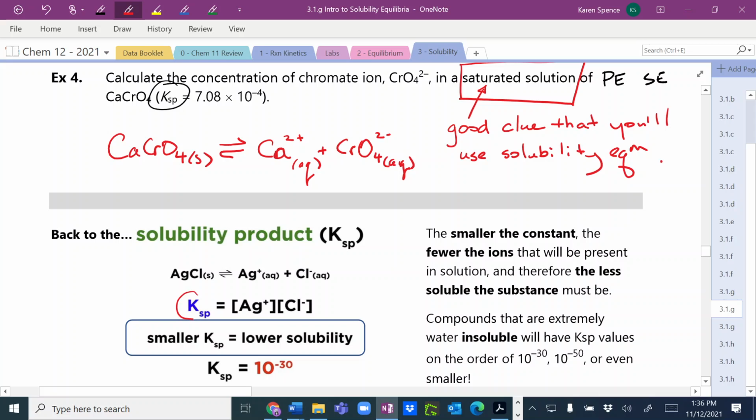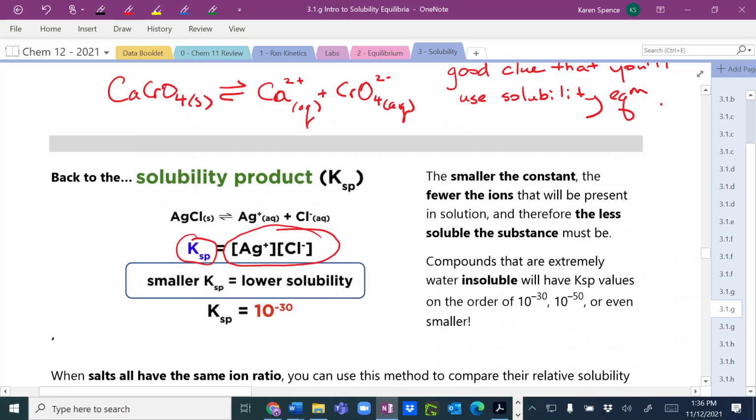The smaller the Ksp is, that means that these ion concentrations must be smaller. Yes? In order to have a smaller Ksp, the ion concentrations have to be smaller, which means you weren't able to dissolve as much. So the smaller the Ksp, the less soluble something is.